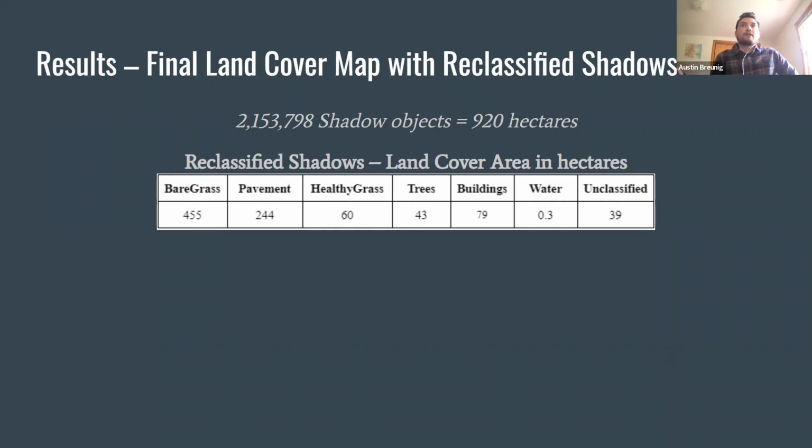And you can see here on the right, there was a fair amount that was unclassified at the end of the test, 39 hectares, which means that there were 881 hectares that were classified, and we could infer that 82% of those were correctly classified, which leaves us with 722 hectares that were properly recovered from this process.